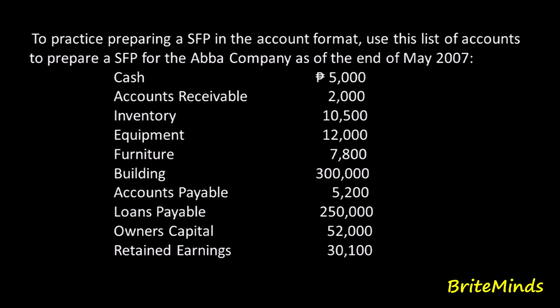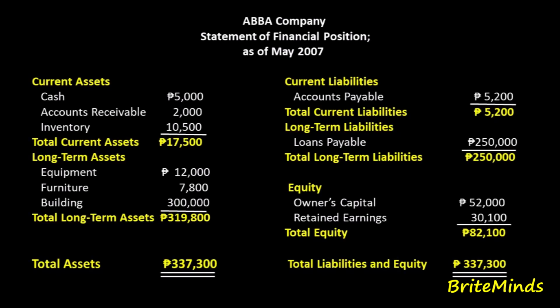So this is how the account format of the statement of financial position of ABA company looks like as of May 2007. So okay, this is still classified. The assets are classified into current and non-current or long-term, and the liabilities are classified into current and non-current or long-term liabilities.